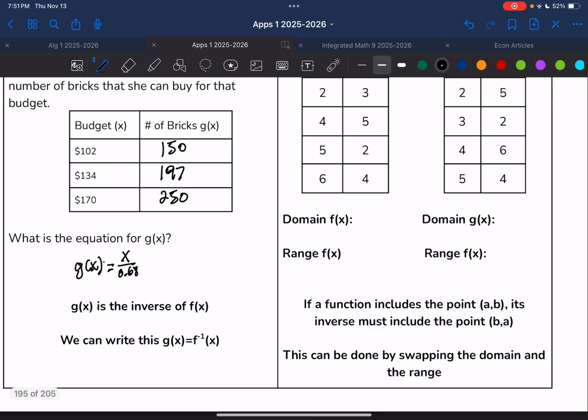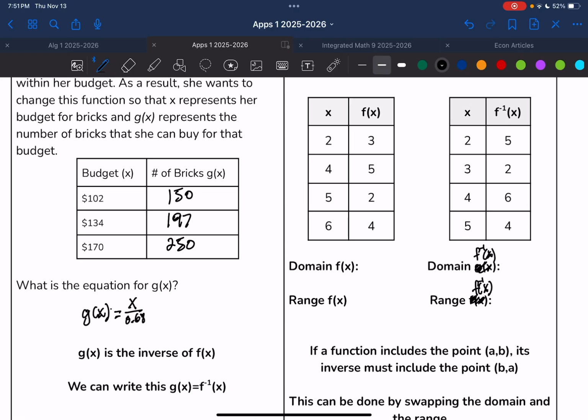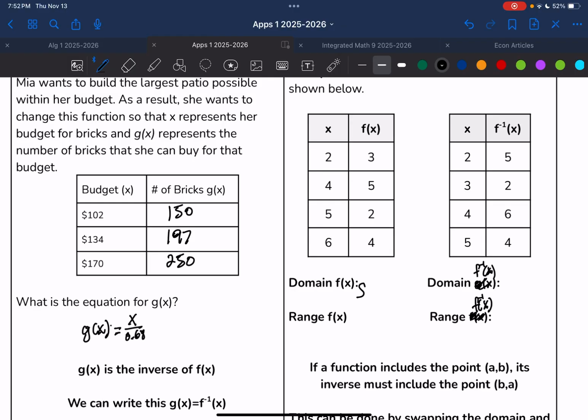So the domain of our function, this should say, change these to be f negative 1 of x, f negative 1 of x. There's a typo there. So the domain of f of x here is going to be 2, 4, 5, 6.